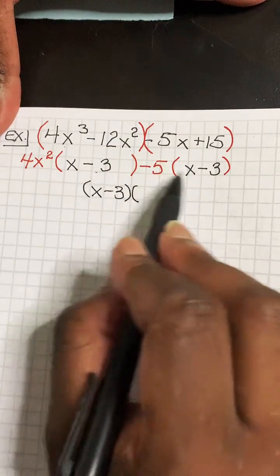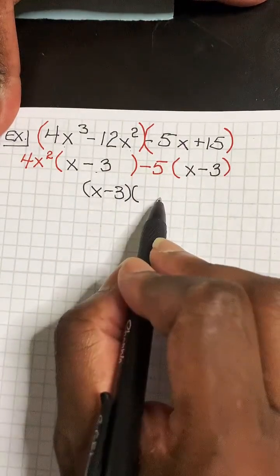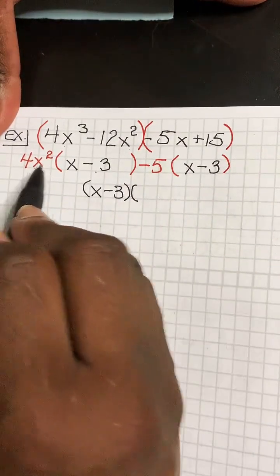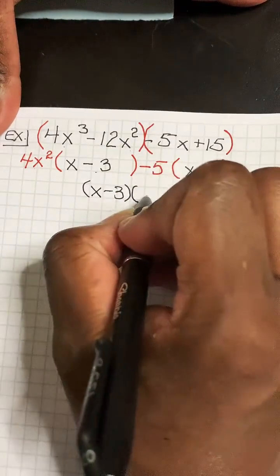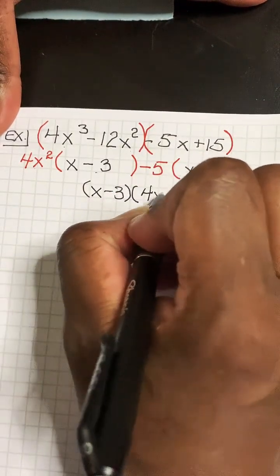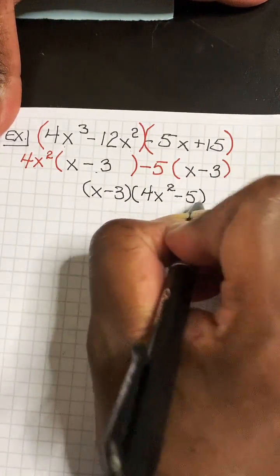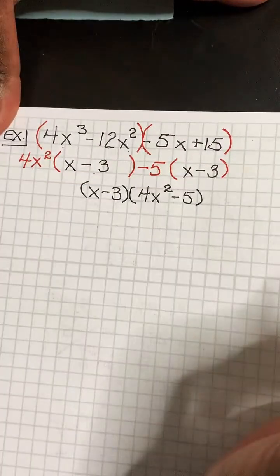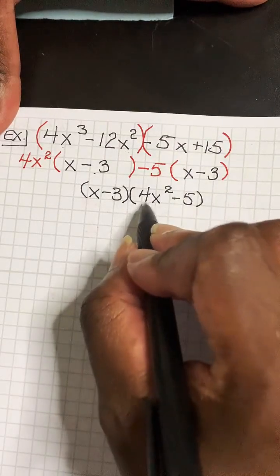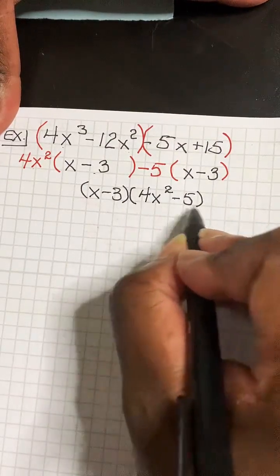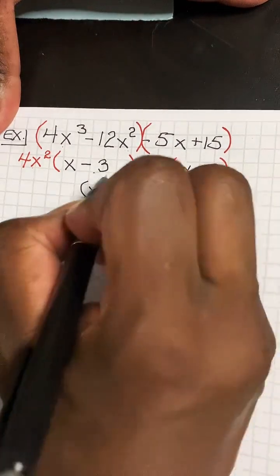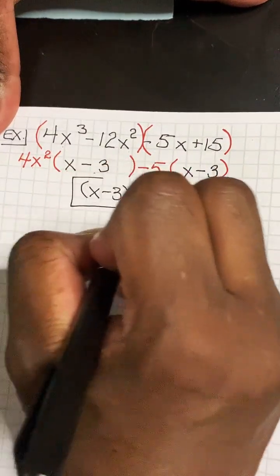And for the other parenthesis, you write what's outside the parentheses. So that's 4x squared minus 5. Since 4 and 5 don't have anything in common other than 1, it can't be broken down any further.